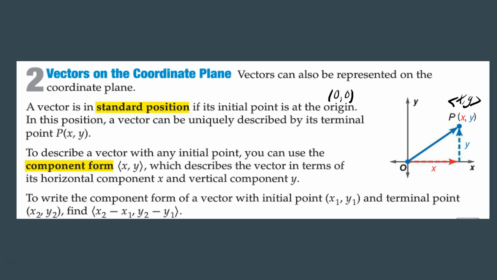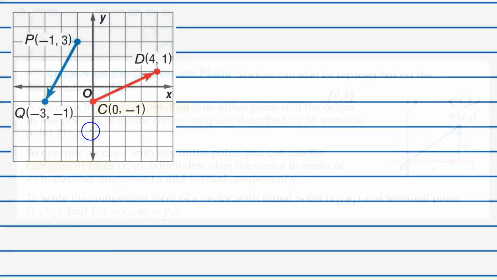When a vector is not in standard position, we have to approach it a little differently. As you can see here, neither of the vectors are in standard position. Remember, that is the origin at 0, 0. They're not there. So next thing we have is vector PQ. We want to find the change in x and the change in y.